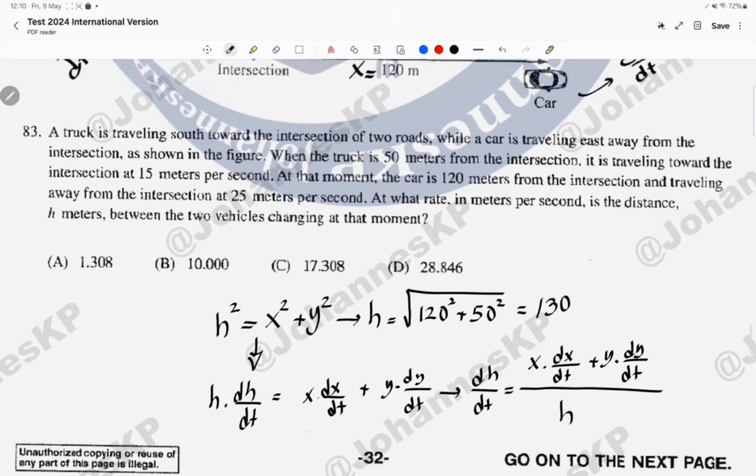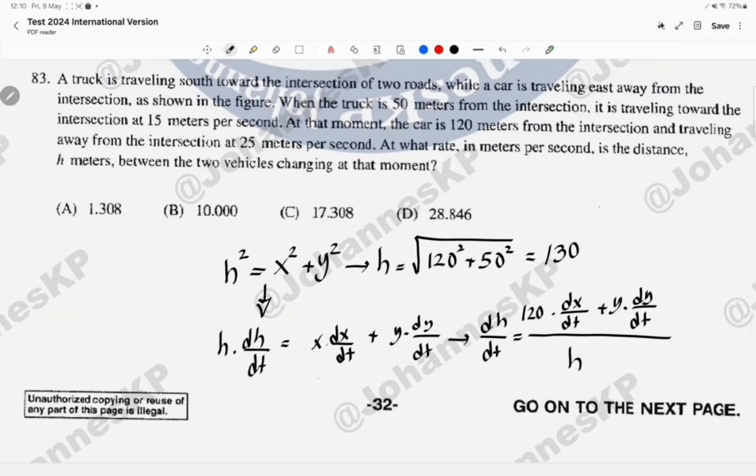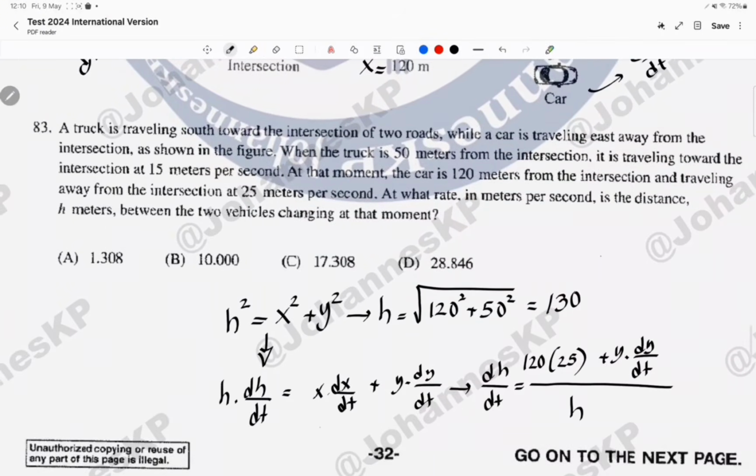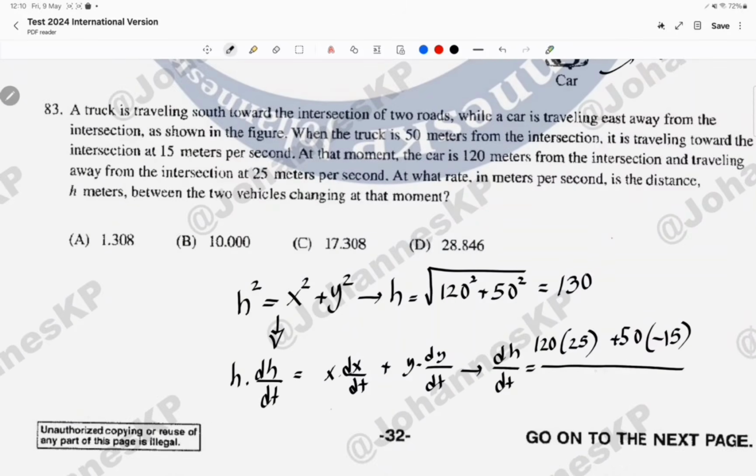Okay, so x is 120, dx over dt is 25, y is 50, and dy over dt is negative 15. And h is 130. Let's use the calculator. And I got 17.307.